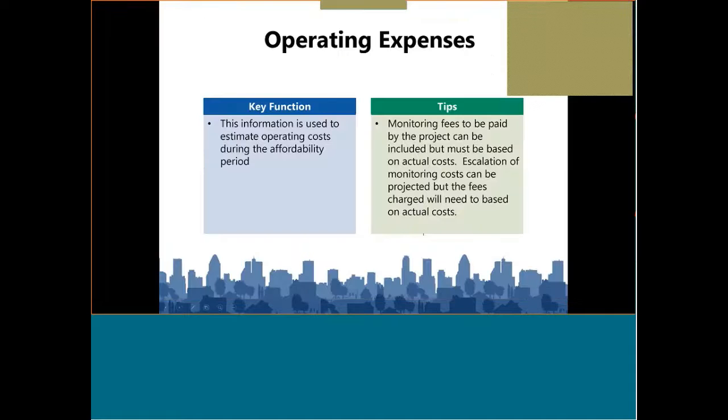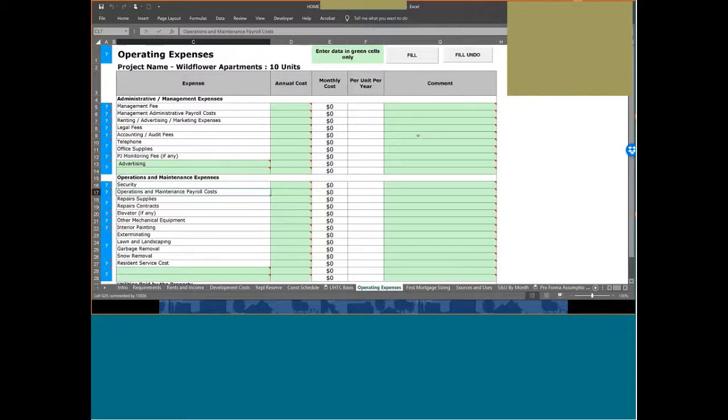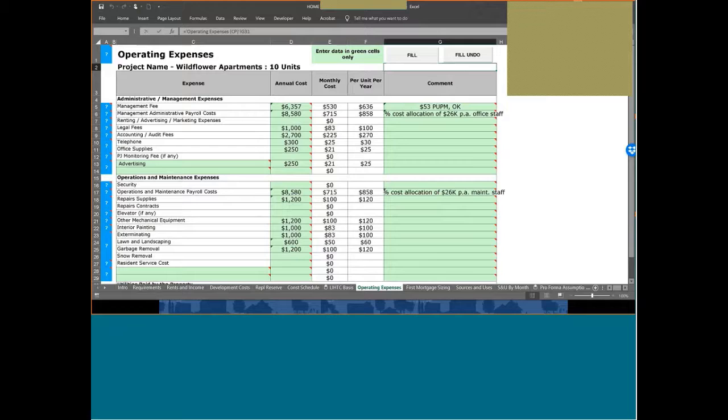So another central element to underwriting is operating expenses, and if you can't estimate operating costs, then you don't know if your property is going to be viable. So it's important to do that, and this is an important aspect to the underwriting, and I have a fill button that allows me to fill it in with the information that we have on our desk.